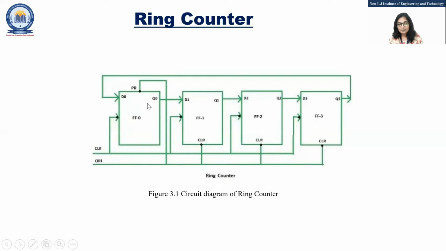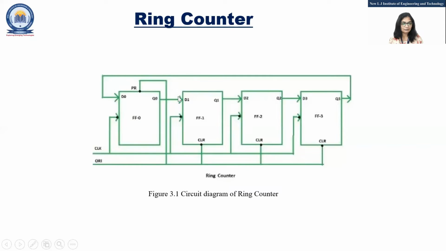So what happened now? Initially in the first clock, whenever I am applying first clock and this ORI, this will preset this flip-flop, means it will set the flip-flop to 1 and remaining will be 0, 0, 0. Q0 will be MSB bit and Q3 is LSB bit. So we are getting 1000 in the output.